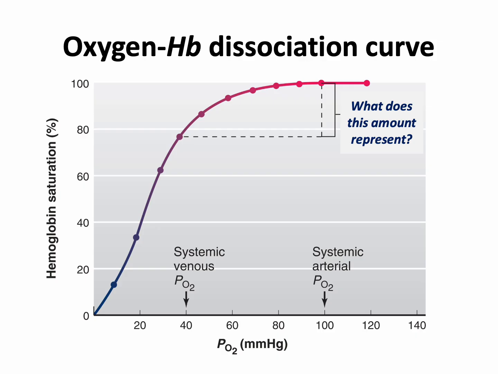Oxygen in the arteries has a higher tension of oxygen than in the veins, makes sense. When you follow the curve, however, from the arterial and the venous, that difference in hemoglobin saturation, what do you think that amount represents? Well, that amounts to about, let's say, 23-24% of the total oxygen that's available.